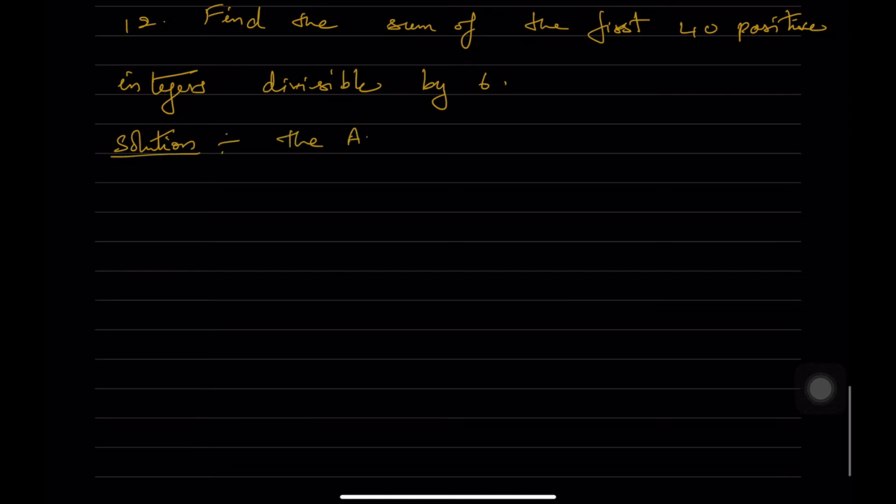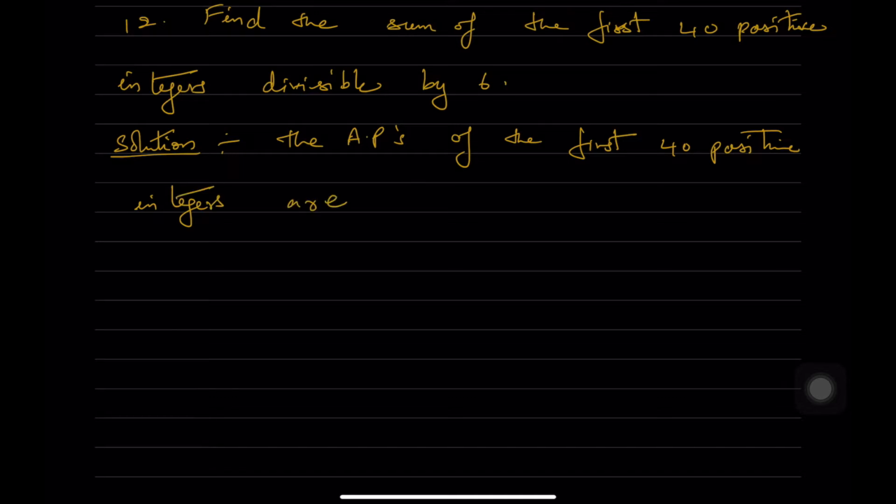The AP of the first 40 positive integers divisible by 6.